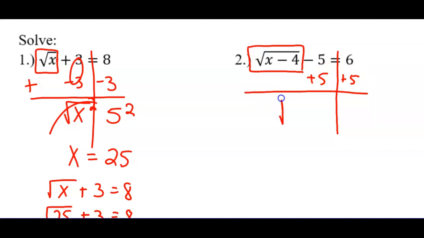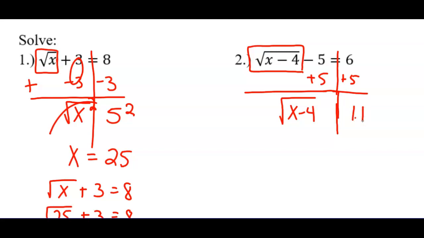Fantastic. That will give me the square root of x minus 4. So if I have the square root of x minus 4, then how do I handle that? What do I have over here? I didn't finish that. 11.